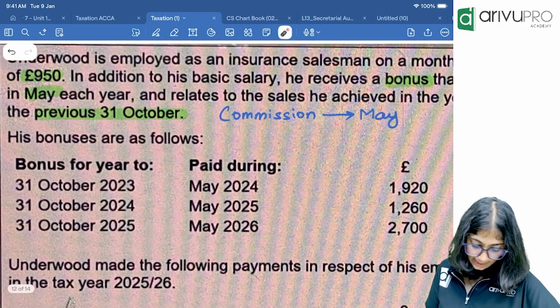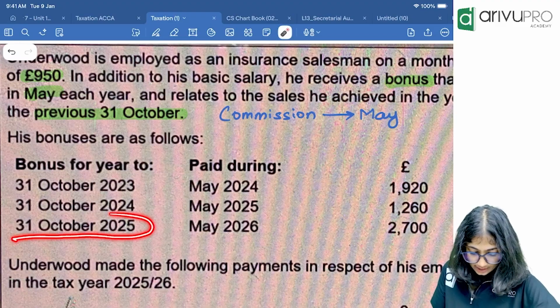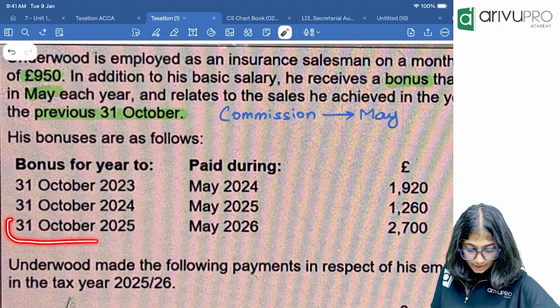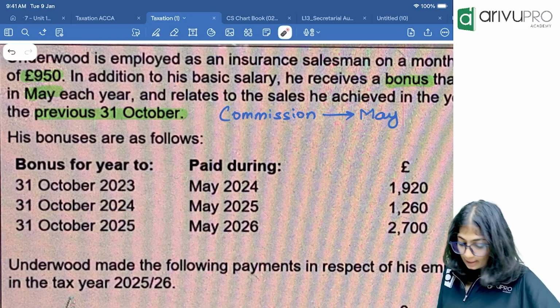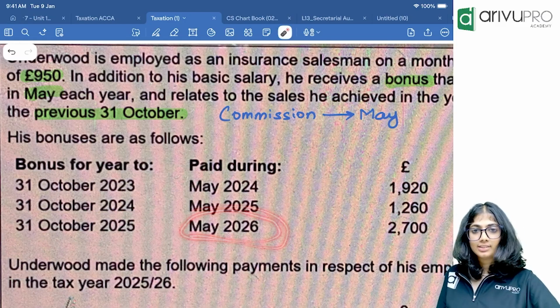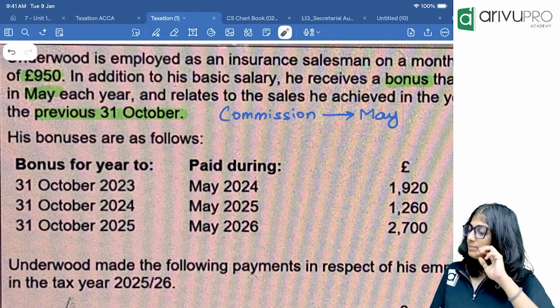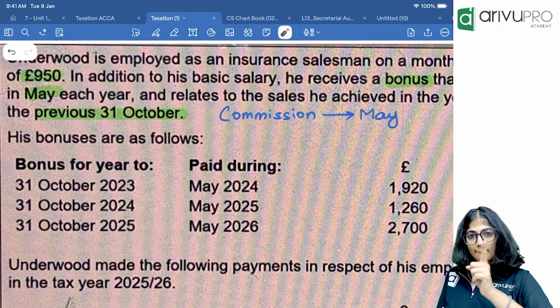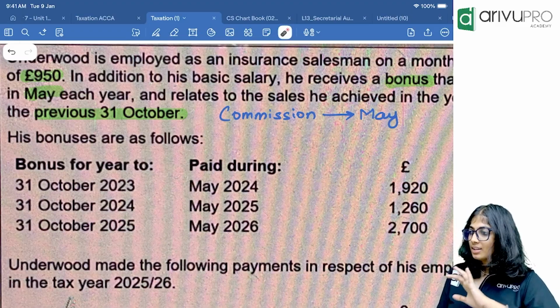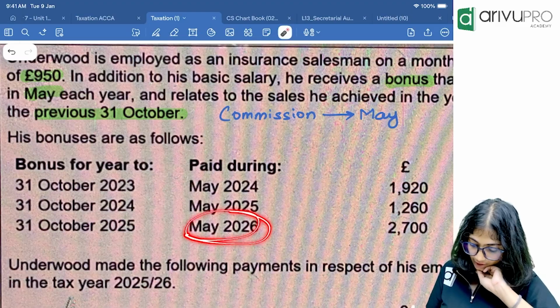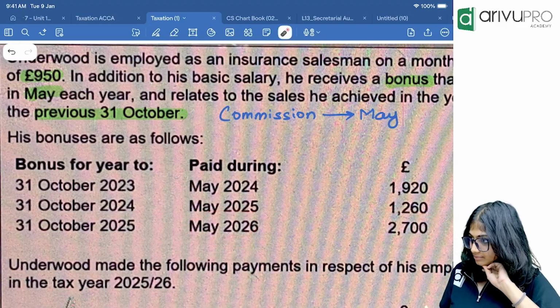Now, here's the thing. Bonus is for the year related to 31st October 2025. He's actually getting paid May 2026. Is it falling within the tax year? No. May is after April. April, May, June, right? So, he's getting paid over here, 2,700.